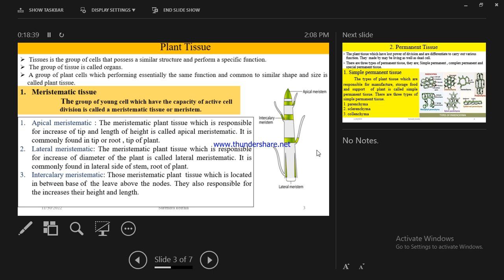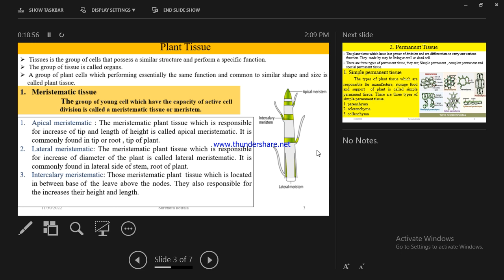They have a high capacity for cell division of the plant tissues. So that helps to increase the height of the plants, giving great help in increasing the plant's height.